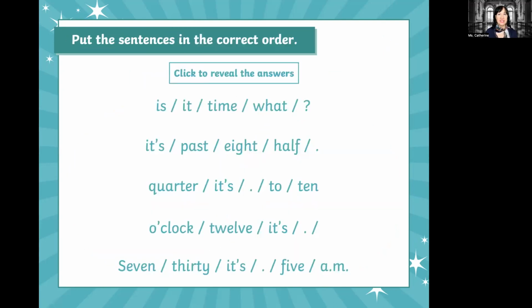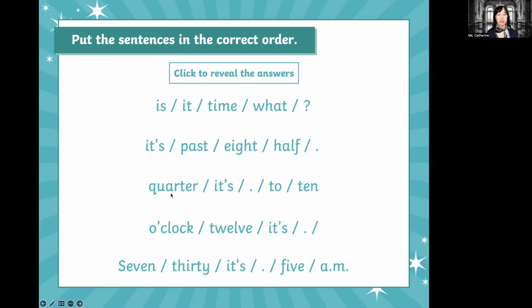Now let's put the sentences in the correct order. Now we have is, it, time, what, and the question mark. We have it's, which is it is, past, eight, half, and full stop or period. So this would mean it's a statement.